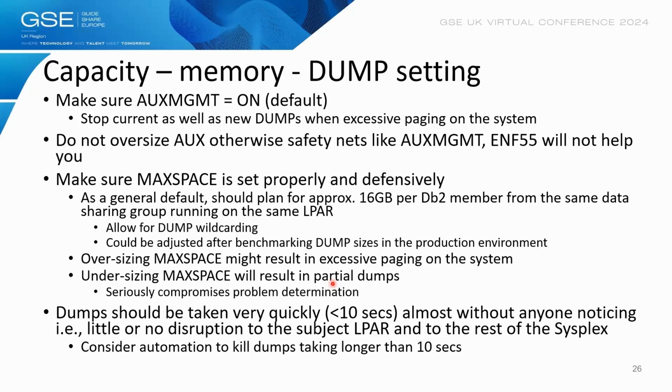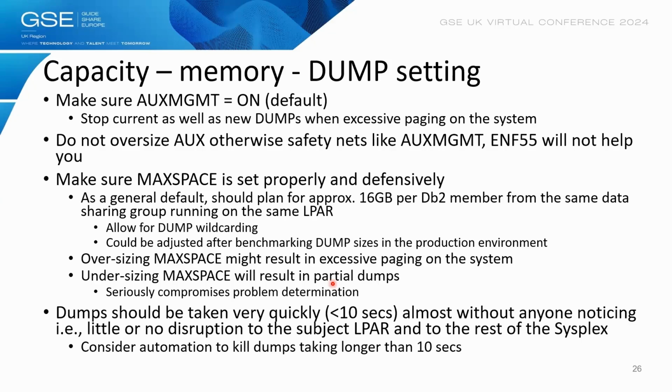So normally in a well-tuned system, when there is enough real, taking a dump should take less than 10 seconds, maybe 5 seconds, maybe 12, maybe 3, right? But I also know customers who are terribly afraid of taking a dump because they know they don't have enough real memory and they will always be paging.